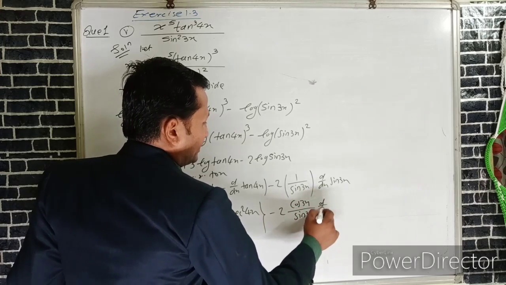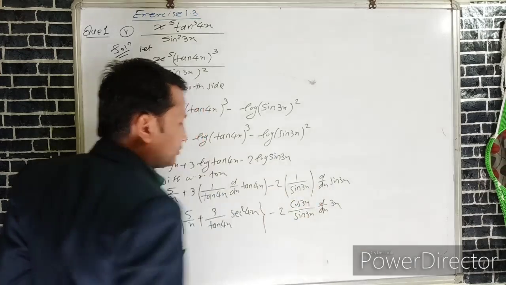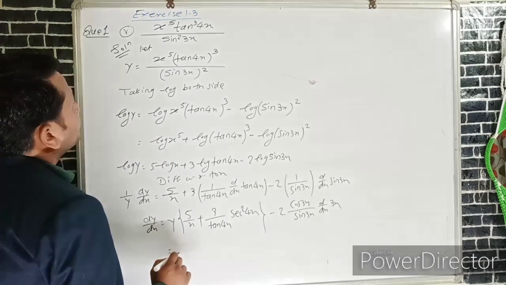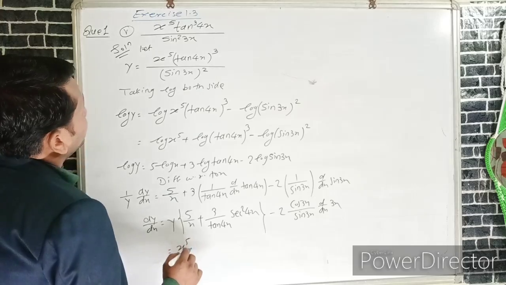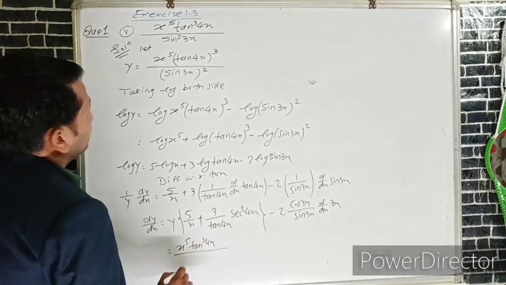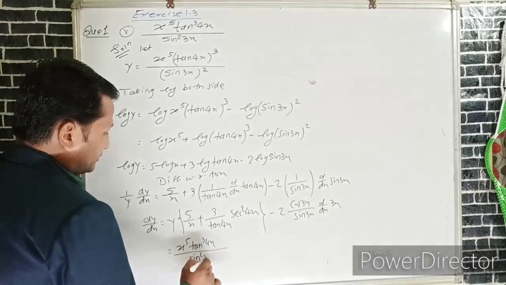We can take the derivative of 3x again by using the chain rule. If we substitute the value of y, y is x raised to the power 5 tan cube 4x upon sin square 3x.